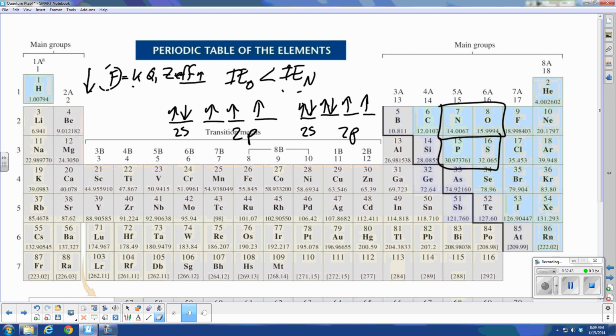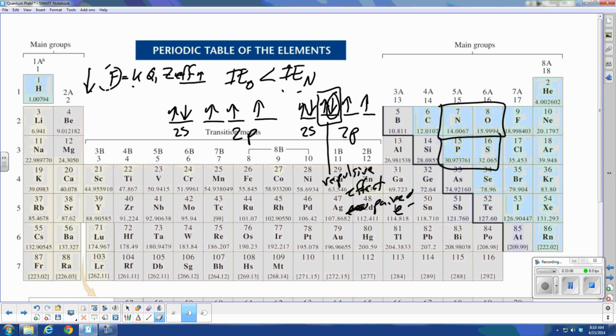Why is that? Because in oxygen, the electron that is being removed is coupled with another in the 2p. So there is going to be a repulsive effect here from the paired electron. Got it?